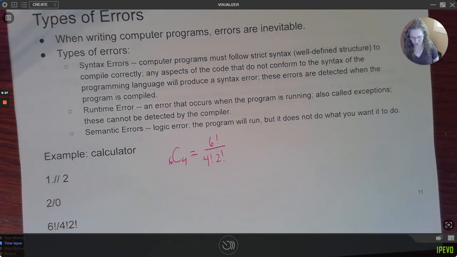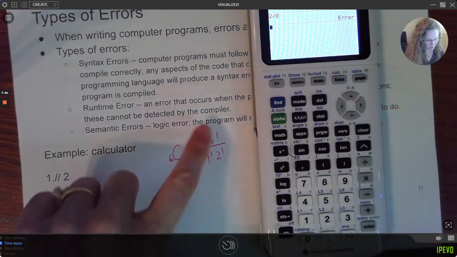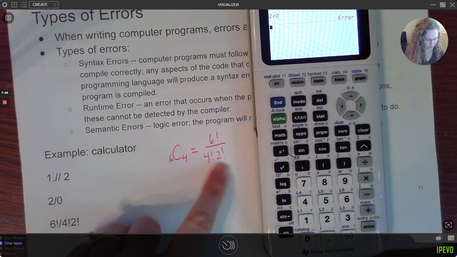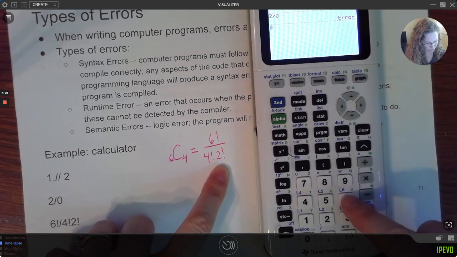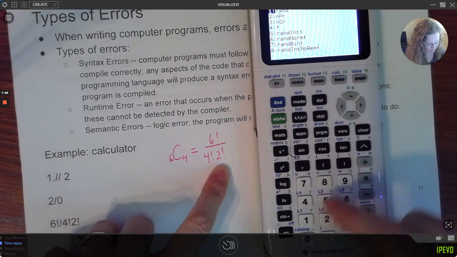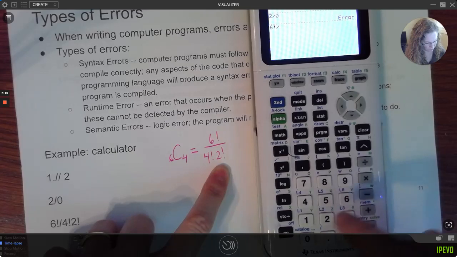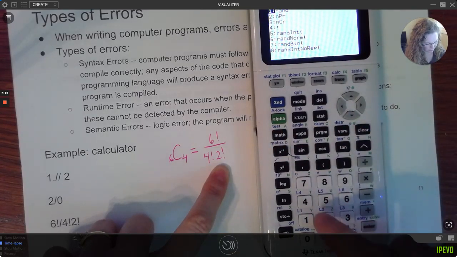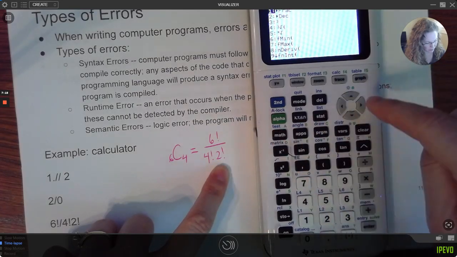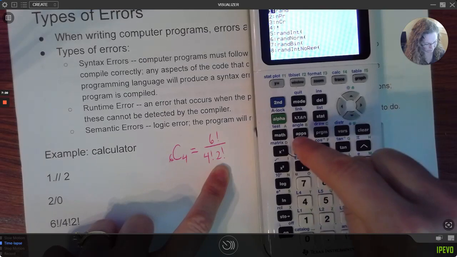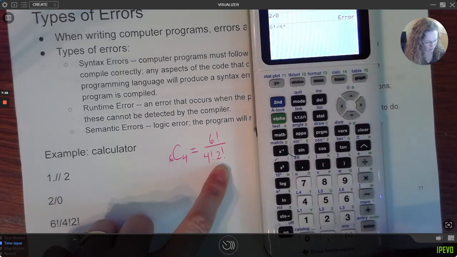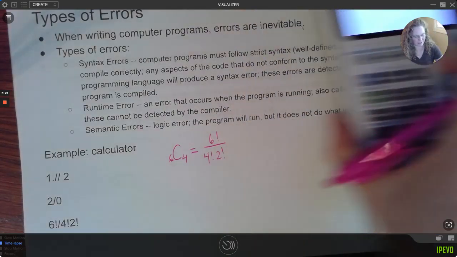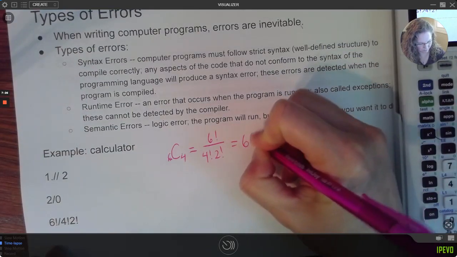Students will go to put that into their calculator and say, okay, I need to do 6 factorial over 4 factorial times 2 factorial. So they'll do 6 factorial over 4 factorial times 2 factorial, and they'll get 60.